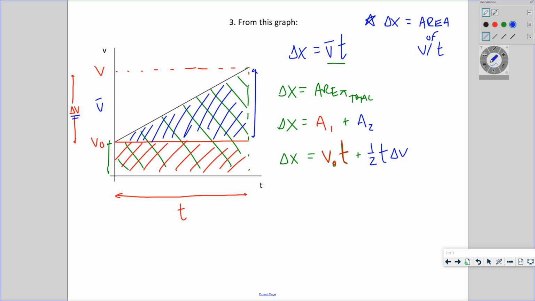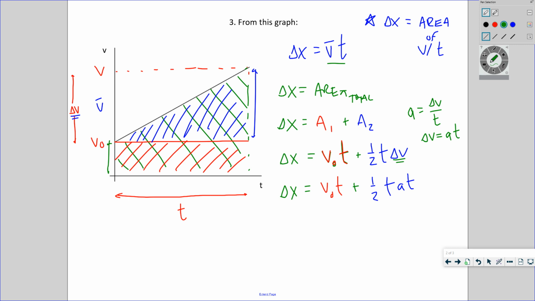Well, how big is that delta v? That delta v, by definition, watch this, we can say that a is delta v over delta t, so the delta v is a times t. So this says that our delta x is v naught t plus 1/2 t at.